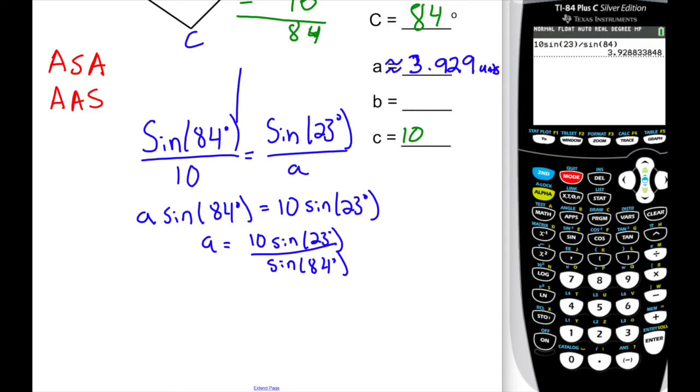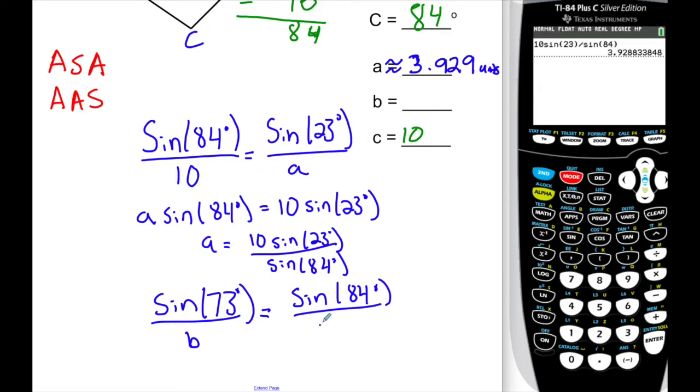So here I'm going to do the same thing. Now I'm going to set up the sine of B. B was 73 degrees, and it doesn't matter how you set it up, but in this case I'm going to use, again, sine 84 over 10. Notice how I did not use sine of 23 over 3.929.